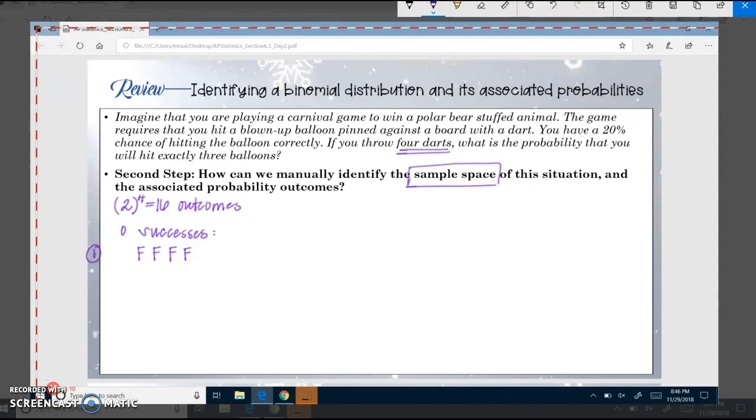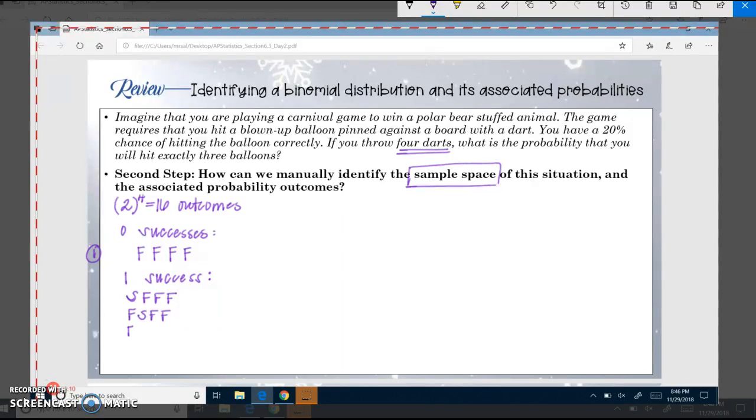Then we want to think about what's the probability of getting one single success. So we have 0 successes, and then we've also got the probabilities of 1 success. If you succeed the first time, that would be your 1 success. You're going to fail the remaining 3 times. You could fail the first time, succeed the second time, and then fail, and then fail.